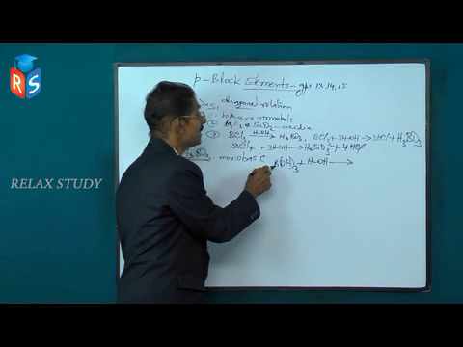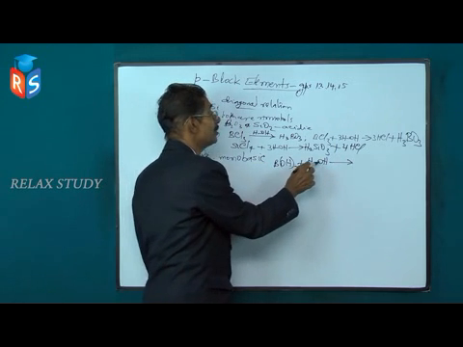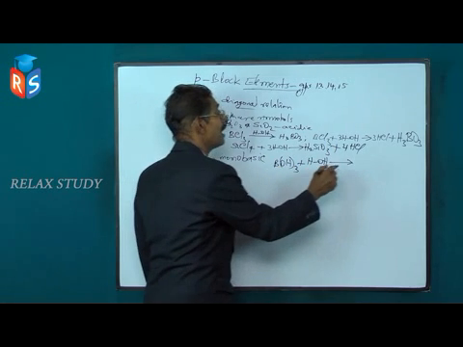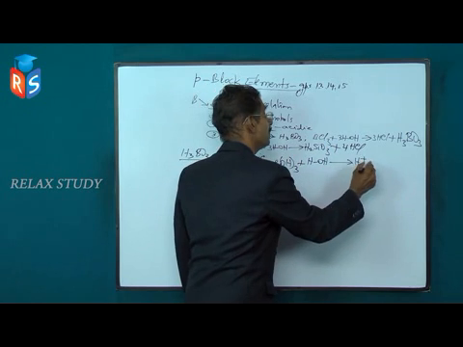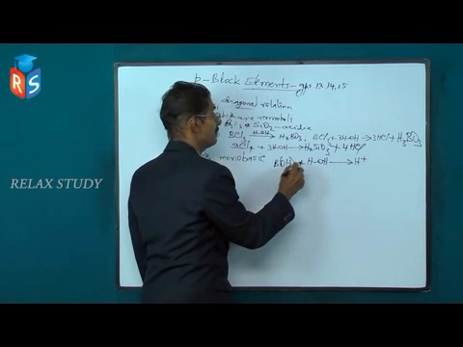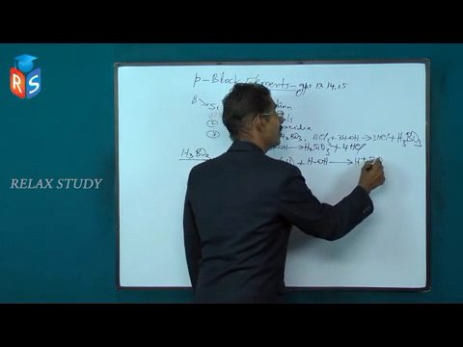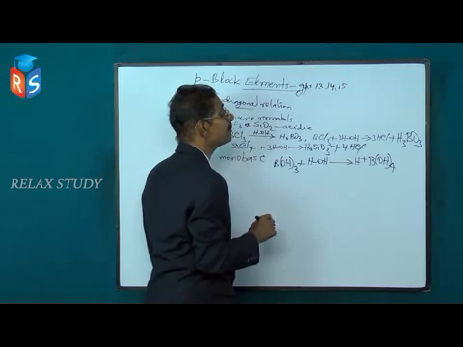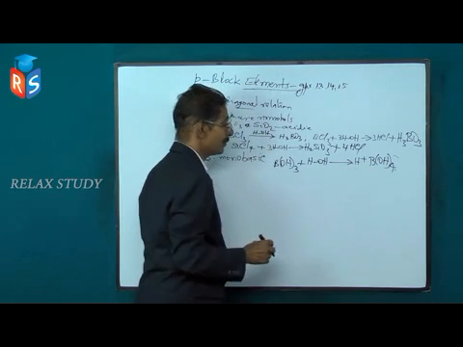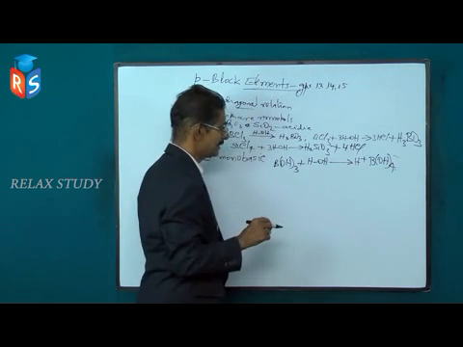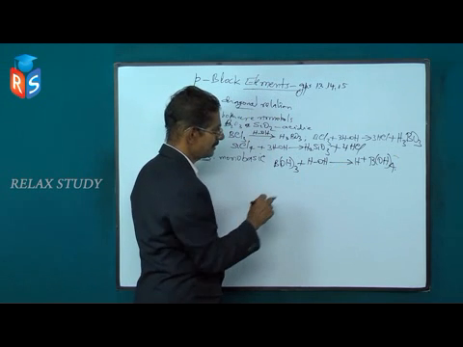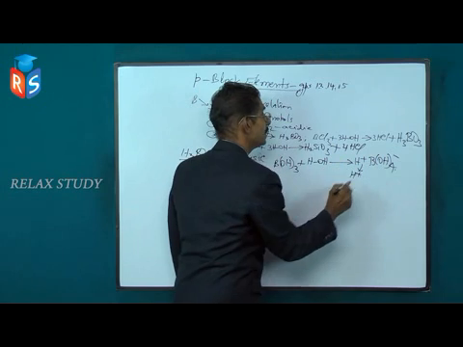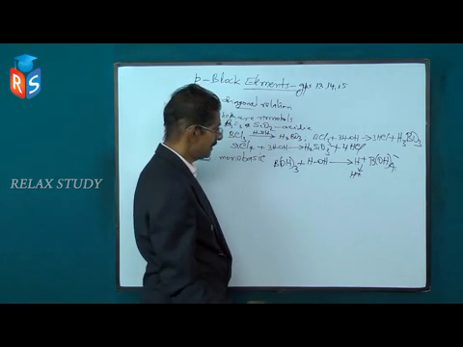Boron has only 6 electrons, as you are aware, and the OH with a pair of electrons will be attached to this, and you will have H+ released from this, B(OH)4 minus. H+ and B(OH)4 minus. So that means this is a monobasic acid, B(OH)4 minus and H+ available in the aqueous medium, so it's a monobasic acid.